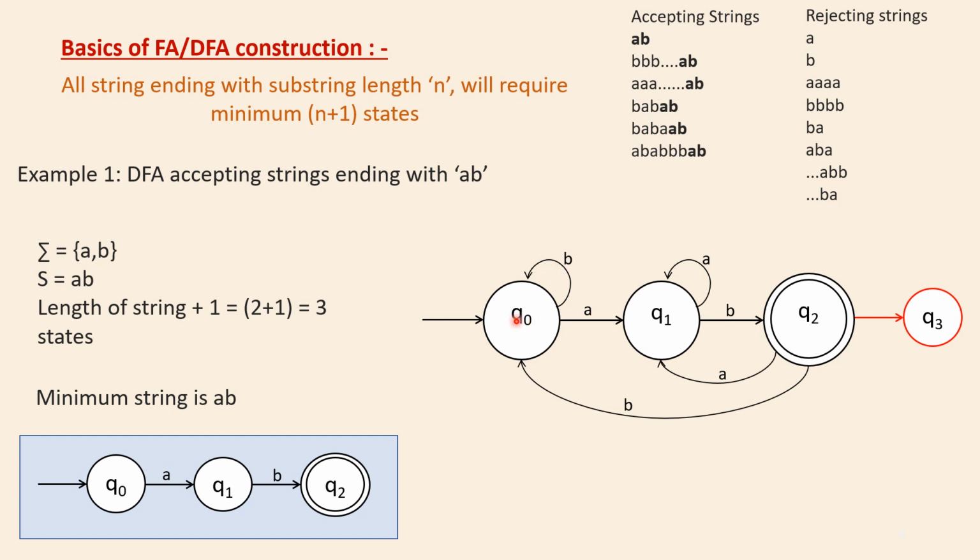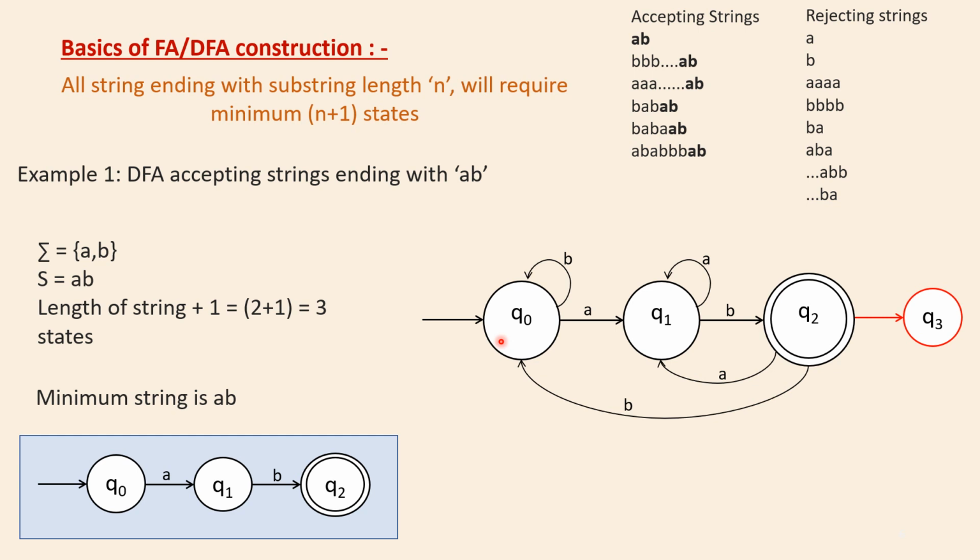If I have A, B, A, B, then I will be going from Q0 to Q1, then from Q1 to Q2. Here we have got AB, then again if I have A, then I will get Q1, and if I have B, I will again go to Q2. So it is an accepting string.